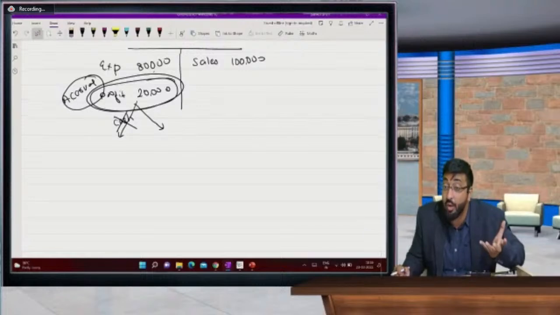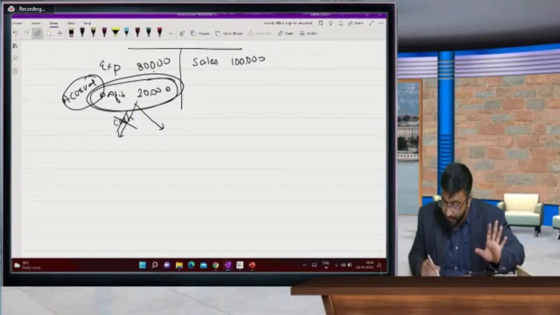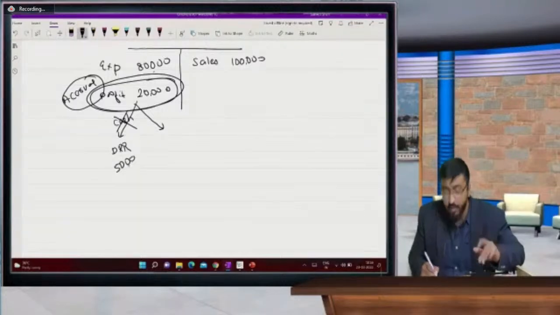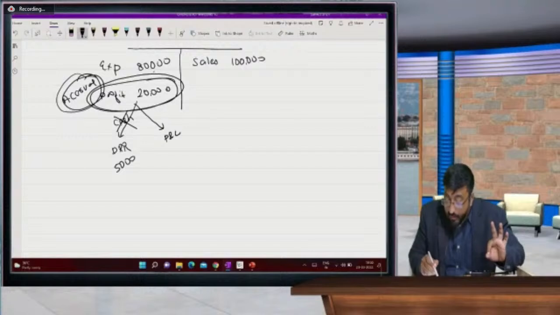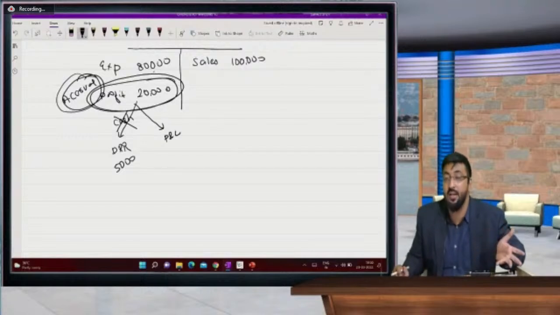That is an accrued profit. And you just block your profit by creating DRR. Suppose 5,000. And balancing figure will be in your profit and loss account. So see, it doesn't mean कि मैंने बाजू में कैश निकाल के रखा है. There is no cash separated out of this DRR.